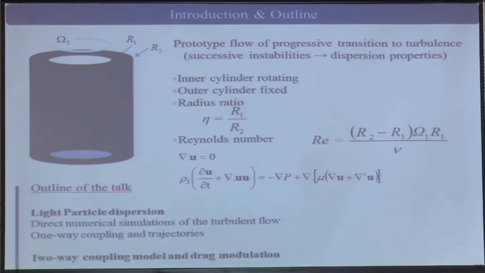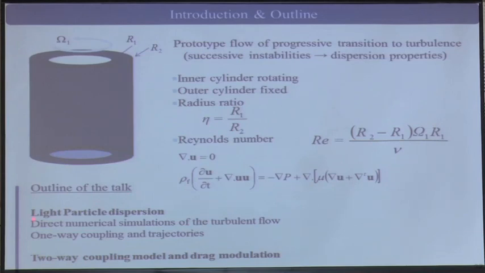And then inside that we want to insert particles, because we want to know how they are going to be separated by this system, because again you have rotation, so we expect that dense particles are going to be centrifuged and light particles should be collected on the inner wall, okay, on the inner cylinder.